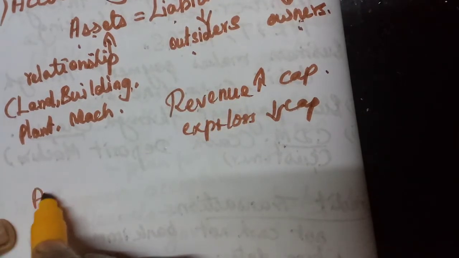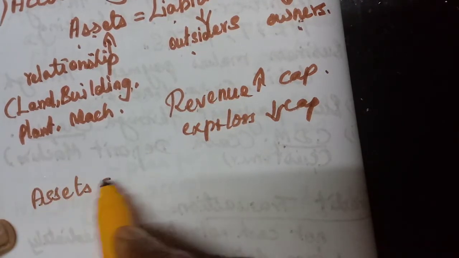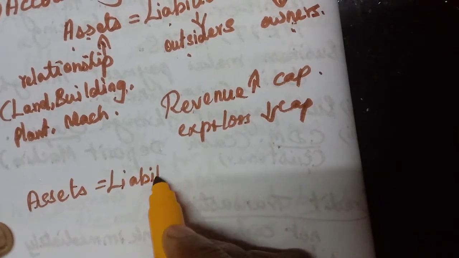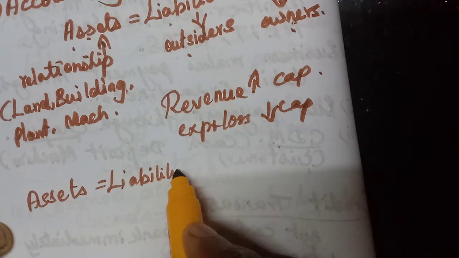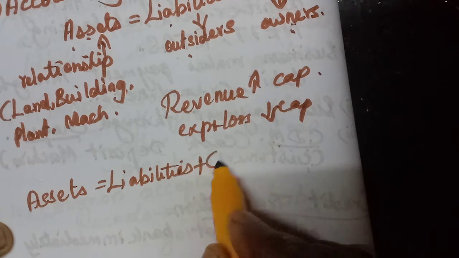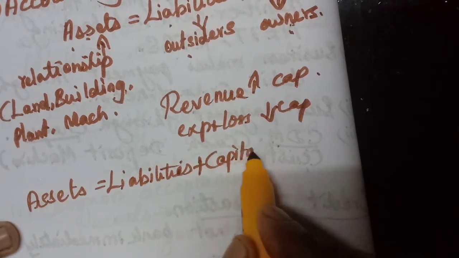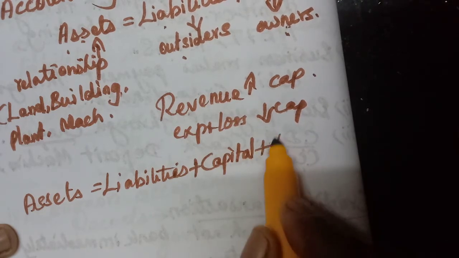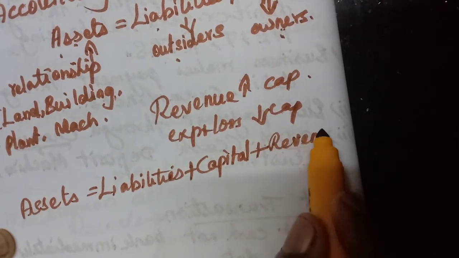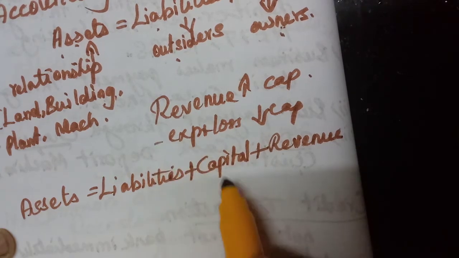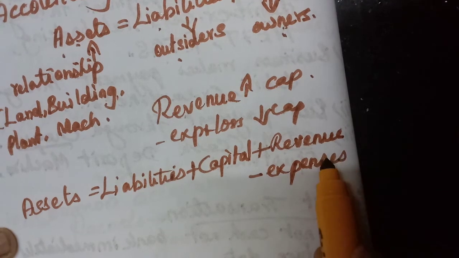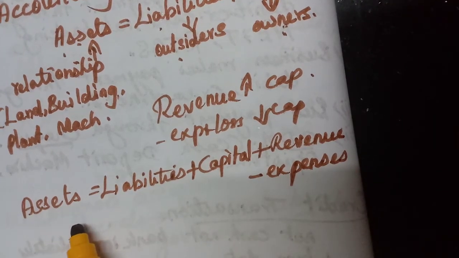Assets is equal to liabilities plus capital. Revenue will increase the capital, so we can add the revenue, and the expenses and losses can be deducted. So again the accounting equation will be derived.